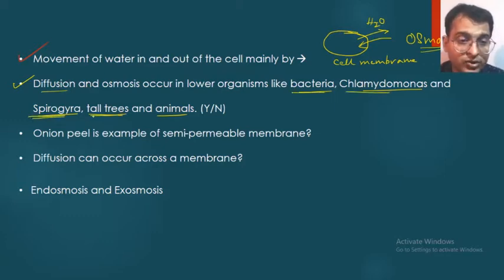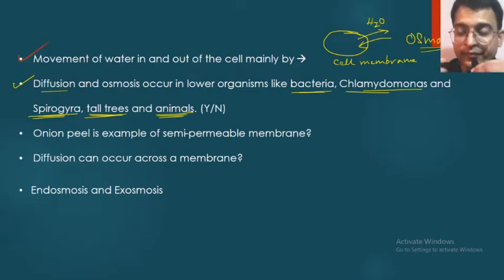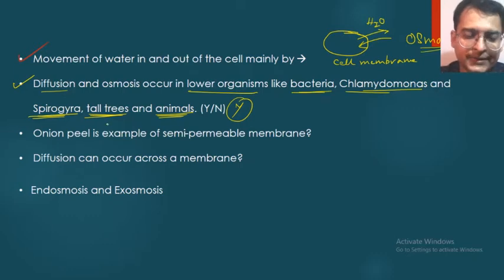But because tall trees and animals are not mentioned, it doesn't mean that these processes are not taking place in the tall trees and animals. The processes of diffusion and osmosis occur in the lower organisms as well as in the tall trees and animals. So it happens in all of these organisms.